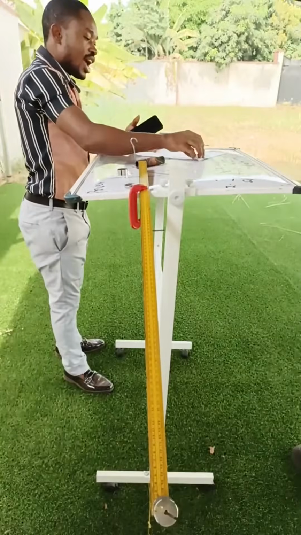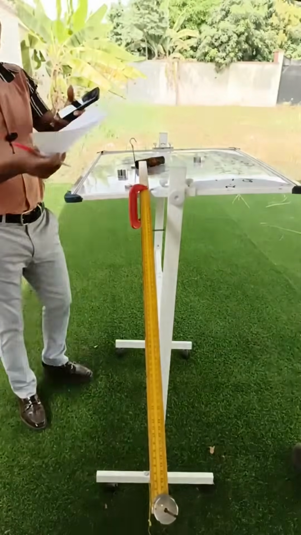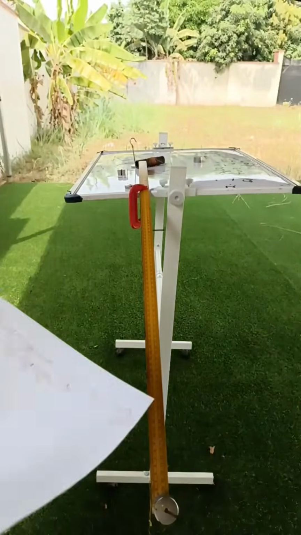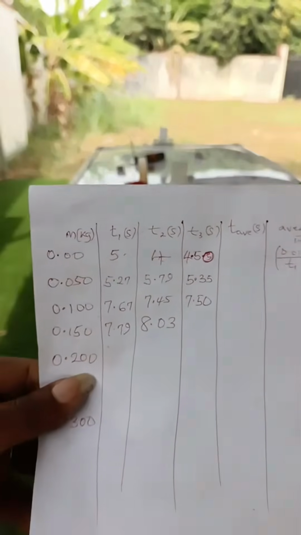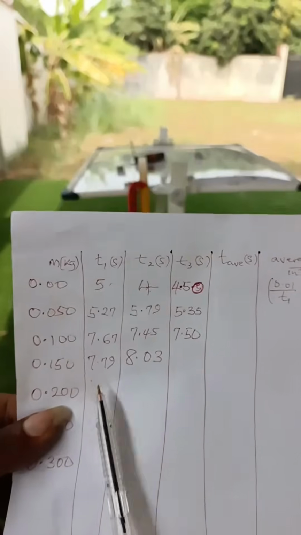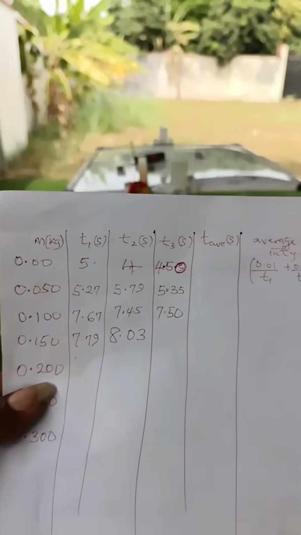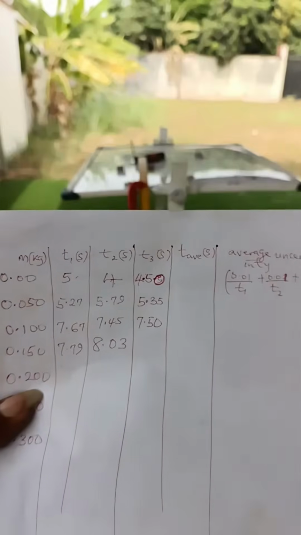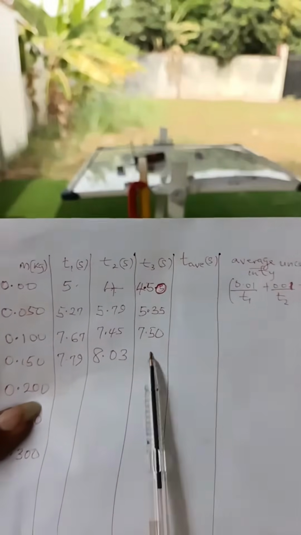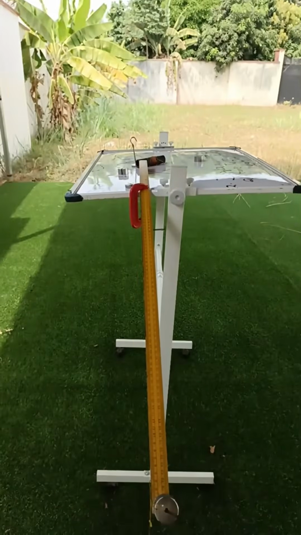You see that it is very close to 7.79. Is that not so? Yes. Now look at the value we have here. For a mass of 150, we have 7.73, 7.791, and we have 8.03 T. Then T3, you can decide whatever you want to fix there. Let me boost the network a bit.